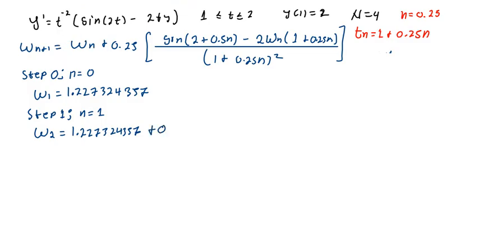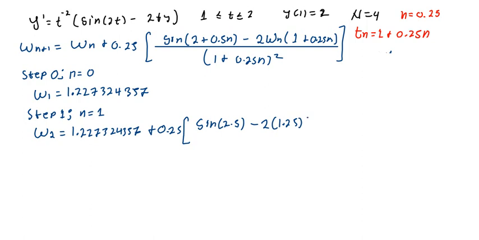So here I have 0.25. Then in the brackets here, it simply means n is equal to 1, for the sine part. So that would be 0.5 times 1, that would be 0.5 plus 2. So we're going to have sine 2.5. Just ensure your calculator is in radians. Then we say minus 2 multiplied by, for this part, if I plug in 1 here, that would be 0.25 plus 1, that would be 1.25.